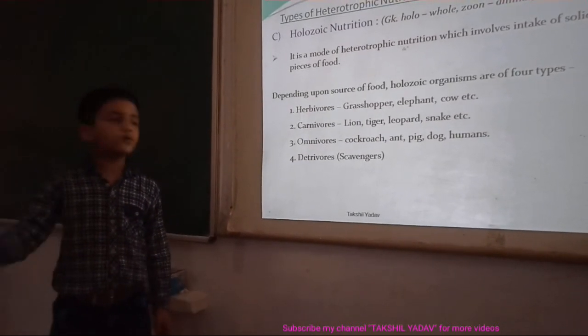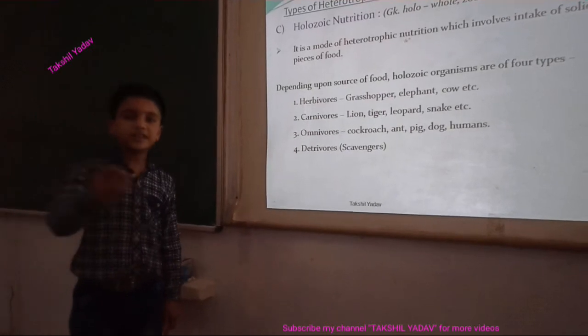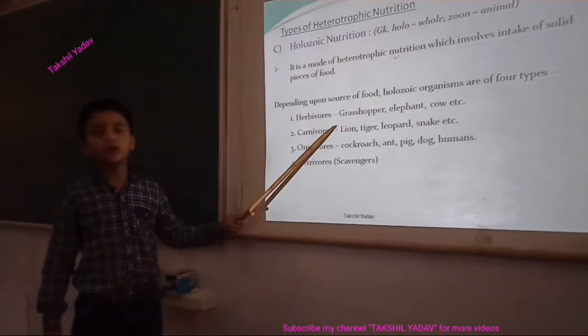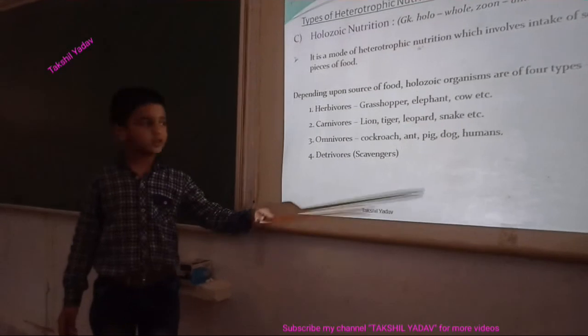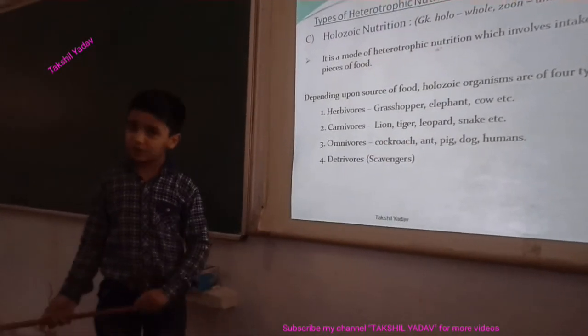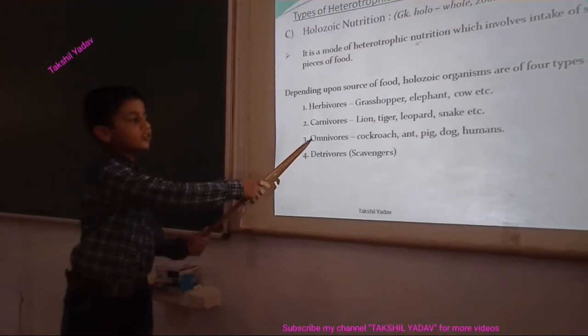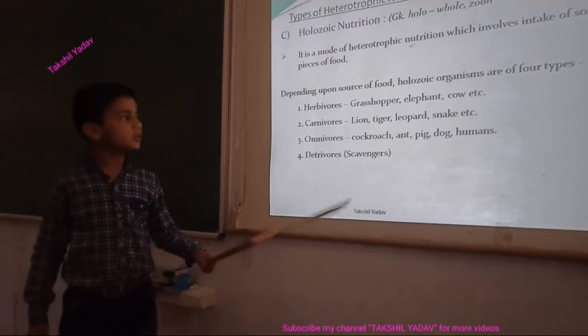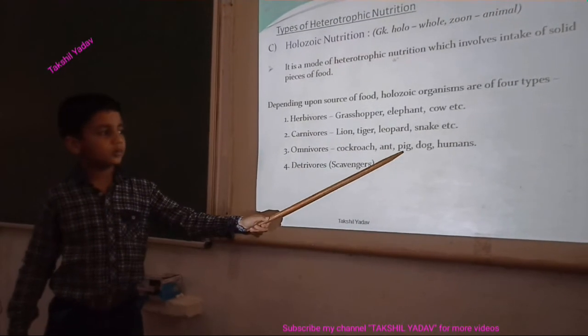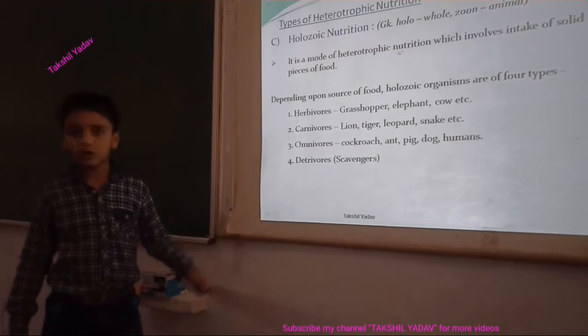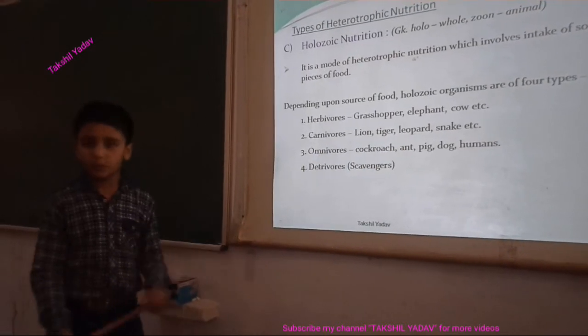So we eat every kind of food that is obtained either from plants or plant products, even from the flesh of other organisms. So we come under the category of omnivores. Other omnivores are dog, pig, ant, cockroach. These are all examples of omnivores.